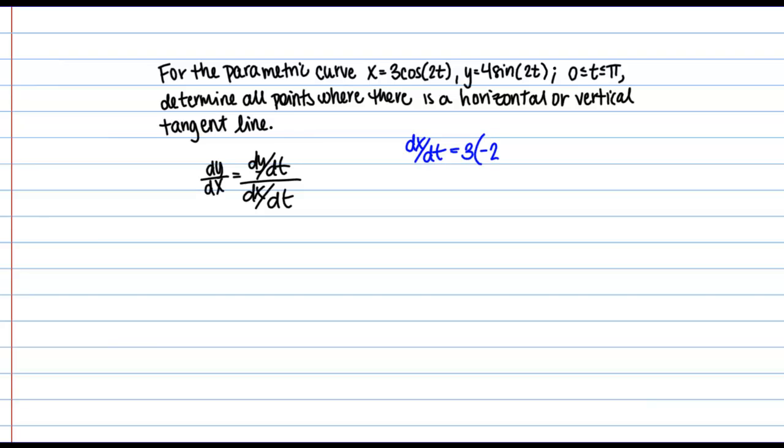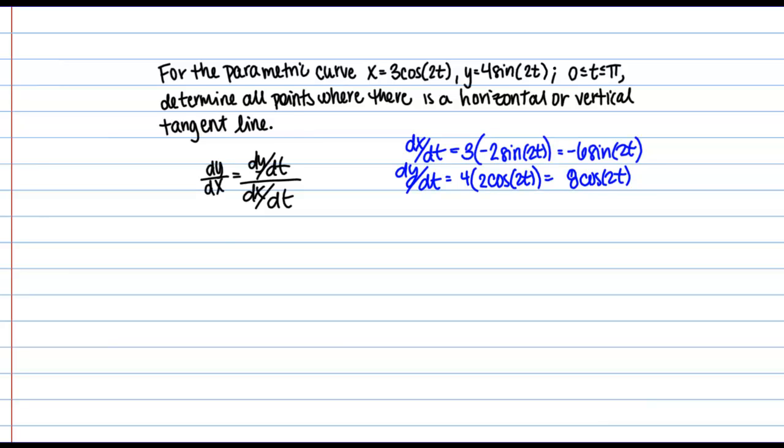So negative 2 sine of 2t. So in the end, negative 6 sine of 2t is my derivative, dx dt. And then dy dt, I have a constant of 4 out front, and then the derivative of sine of 2t is going to give me 2 cosine of 2t. So in the end, 8 cosine of 2t.